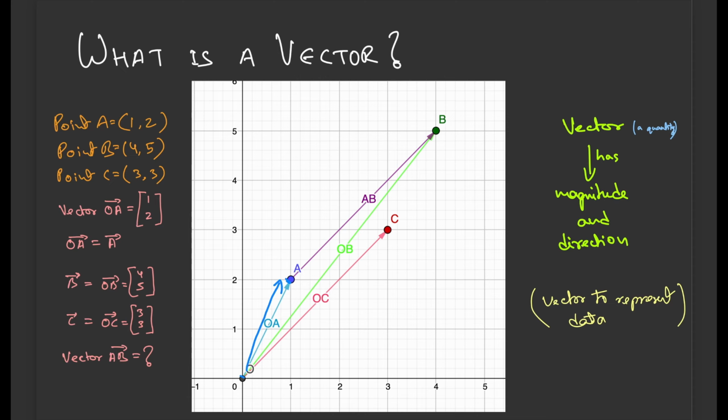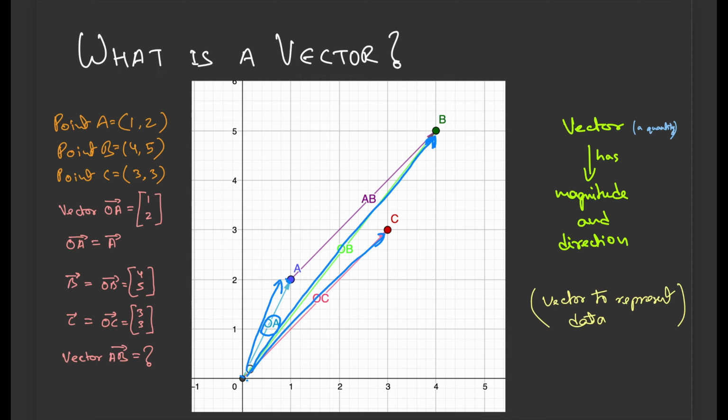We have other vectors, like OB, the green line. This green arrow is vector OB. It starts at origin O and ends at point B, and the direction is towards B. Similarly, this is another vector, OC.